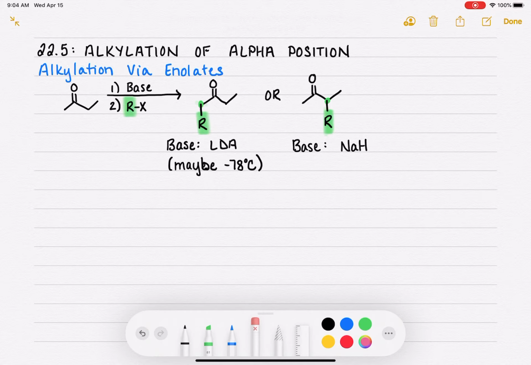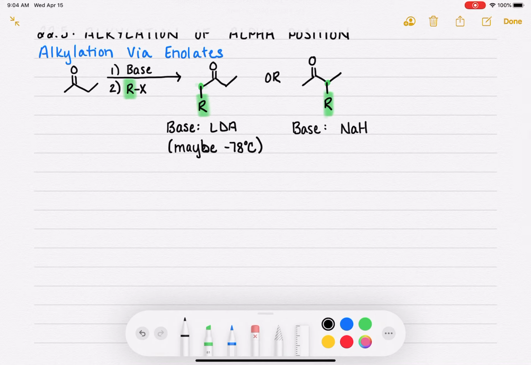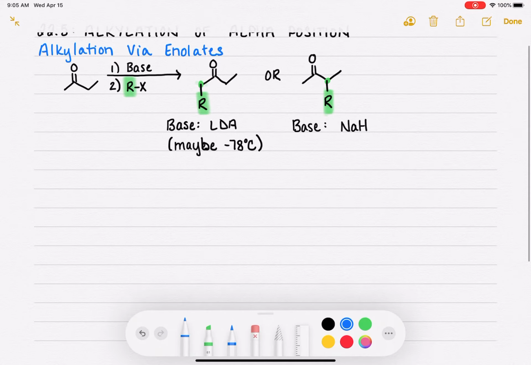So let's talk a little bit about the difference between these 2 reactions. When we're using the LDA and maybe having it very cold, we say that this reaction is under kinetic control, which is a term that we've used before when we were talking about doing addition reactions to dienes, and we were controlling the reaction with the temperature.